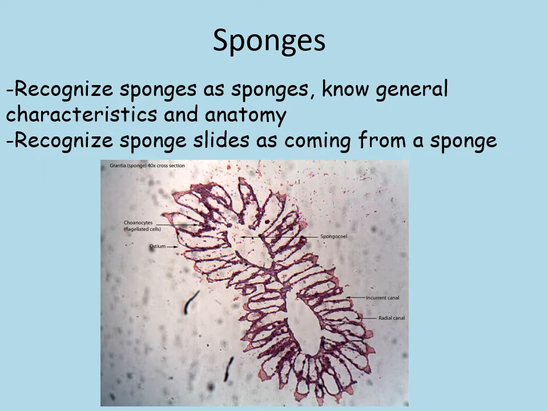When I talk about sponges, know general characteristics and anatomy of sponges, and be able to recognize a sponge as a sponge. So if I showed you on the final lab exam a picture or a video of a sponge, you would know what it was. And the main thing for this, so I'm showing you here a few examples of sponge slides that you should recognize as coming from a sponge.